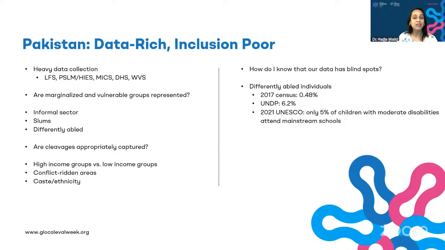Because of course, one of the reasons why we don't have these panel surveys is because they're quite expensive to run. Now, on the left-hand side of this slide, I have made the claim that marginalized and vulnerable groups are not being represented. Some of this I can see very clearly from the data. Like I've said, high-income groups, the 2015 PSLM, I think, had the highest income earner in the sample at 450,000 a month.